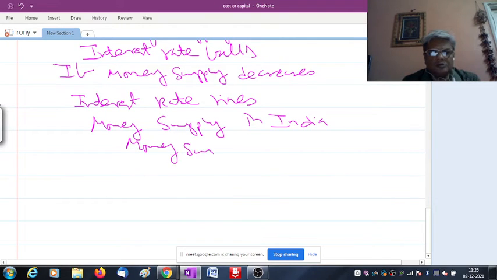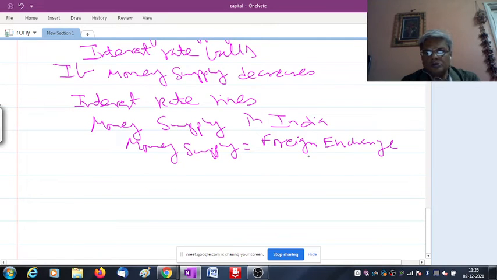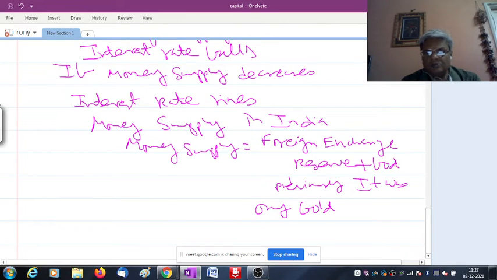Money supply equal to foreign exchange. Previously, it was only gold. Now foreign exchange reserve plus gold. Mainly through foreign exchange reserve.